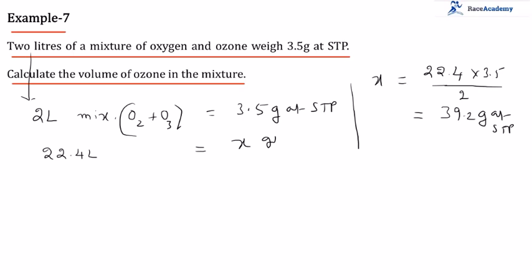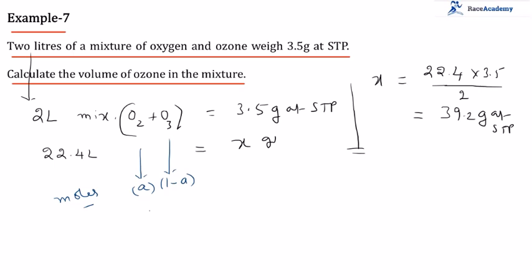Now calculate the volume of ozone. Before finding the volume of ozone, we must calculate the number of moles of ozone. In this mixture, how to find the number of moles? Assume the number of moles of oxygen is small a and ozone is 1 minus a. Or you can take ozone as small a, oxygen as 1 minus a. Then what will be the total value from the formula?